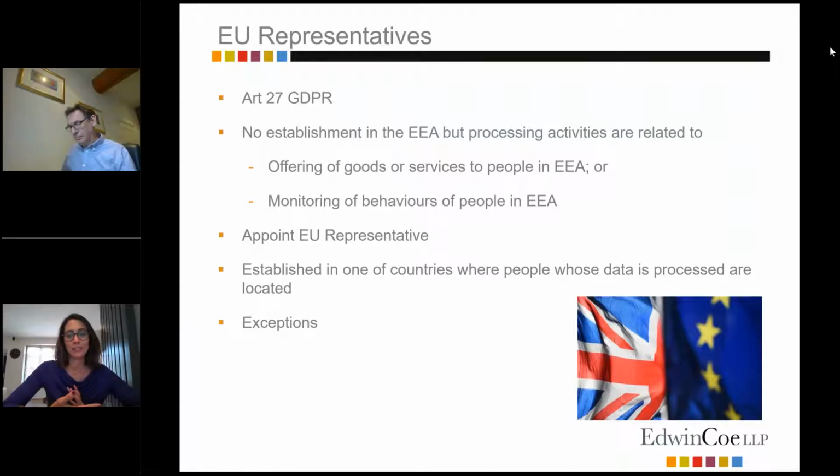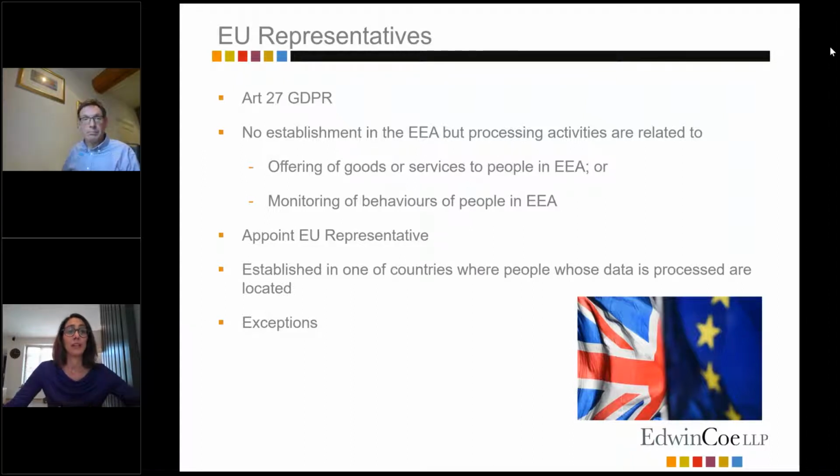Therefore, from the 1st of January 2021, UK businesses that do not have an establishment in the EEA and who are offering goods and services to individuals there, or are monitoring the behaviour of individuals in the EEA, will be required to appoint an EU representative under the EU GDPR. Now, this representative will need to be established in the EU or an EEA member state, where some of the customers whose personal data is being processed are located.